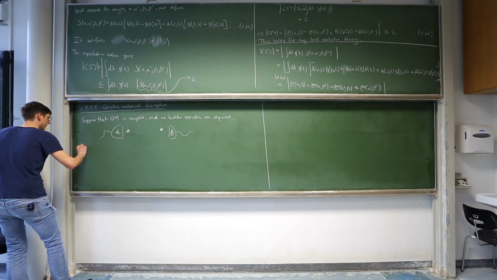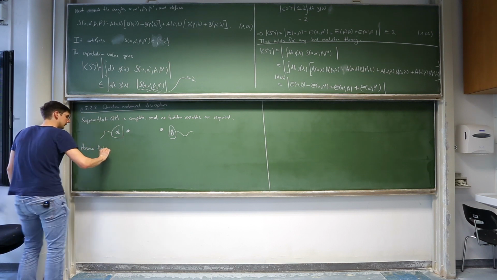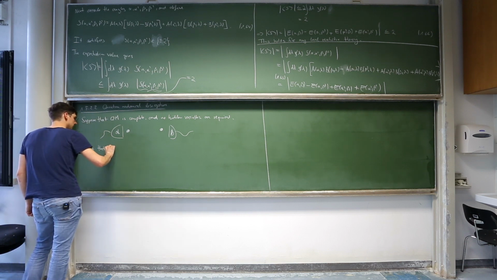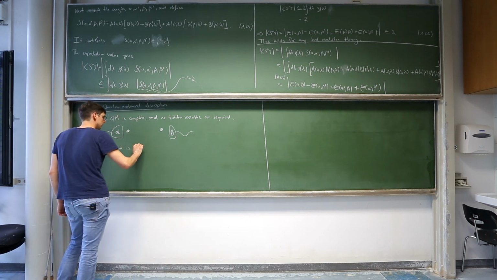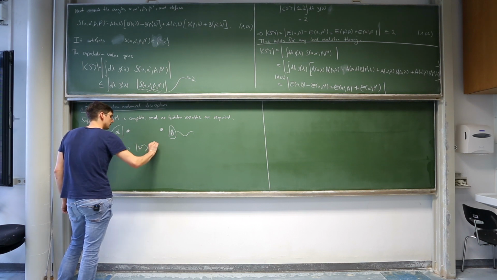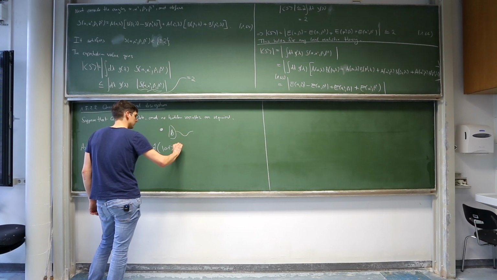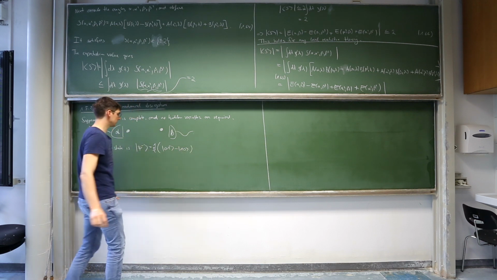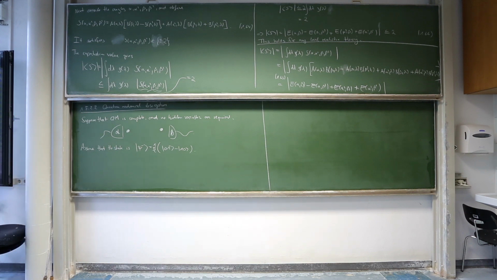So assume now the Bell state, say ψ minus, which is (0,1,−1,0) over √2.